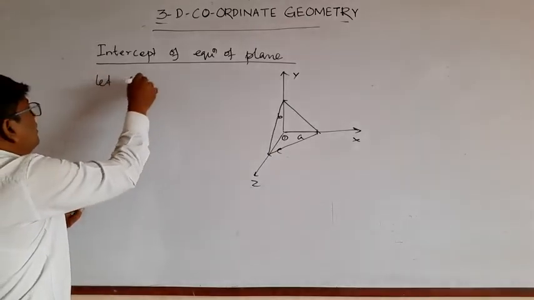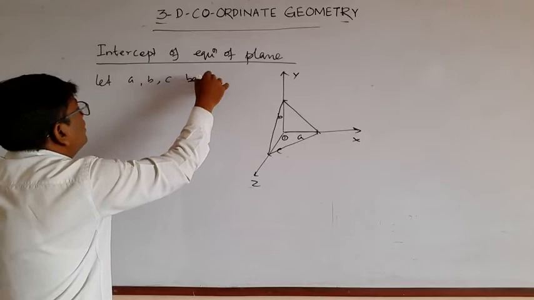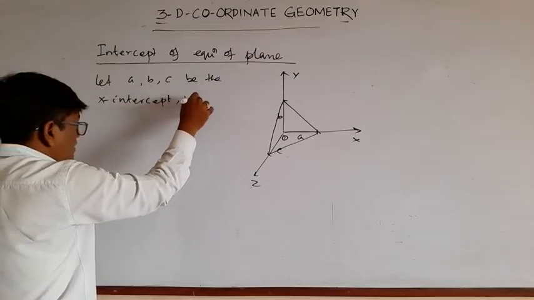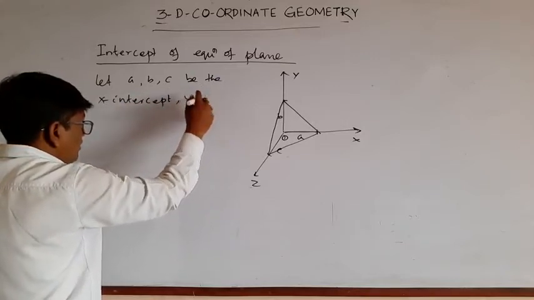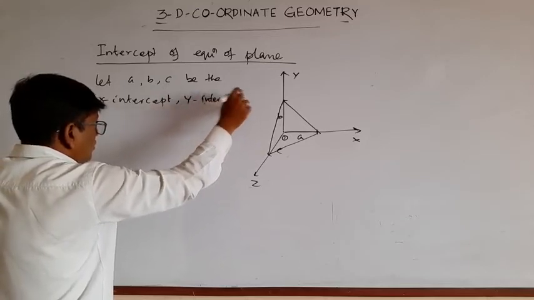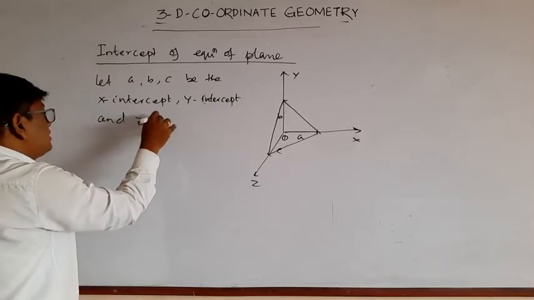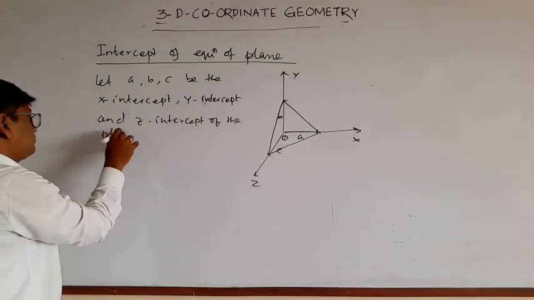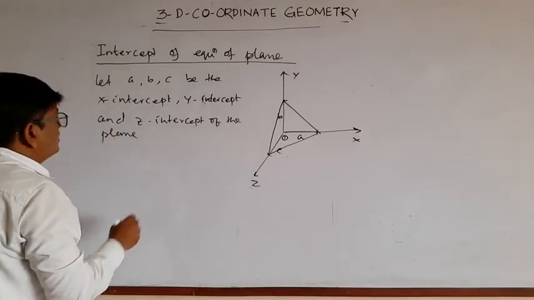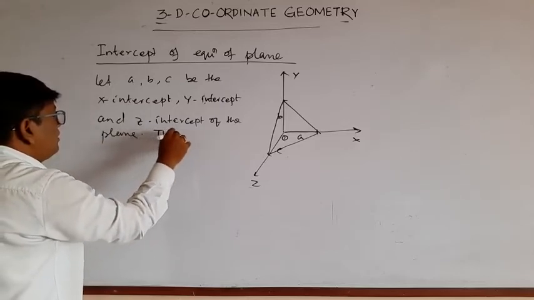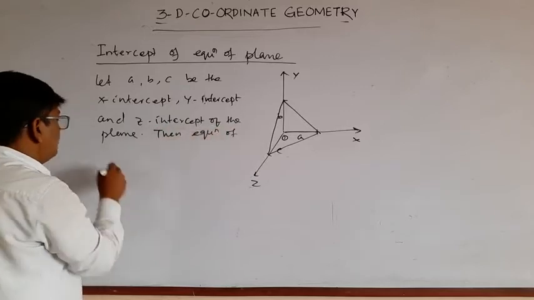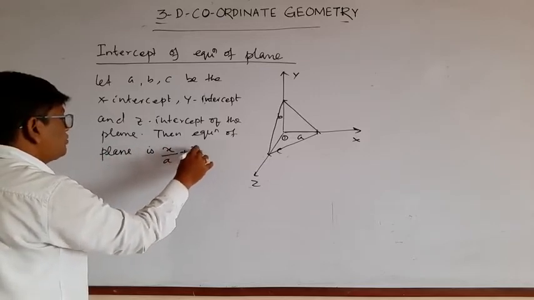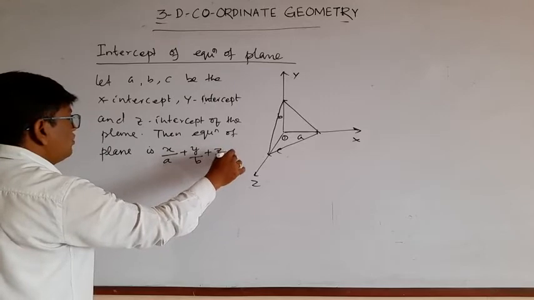Let a, b, c be the x-intercept, y-intercept, and z-intercept of the plane with the coordinate axes. Then the equation of the plane is x by a plus y by b plus z by c is equal to 1.